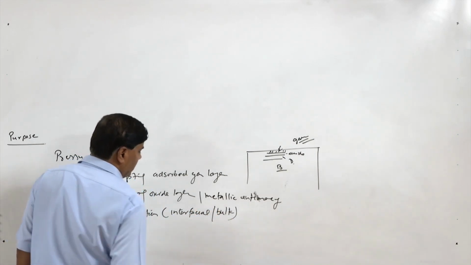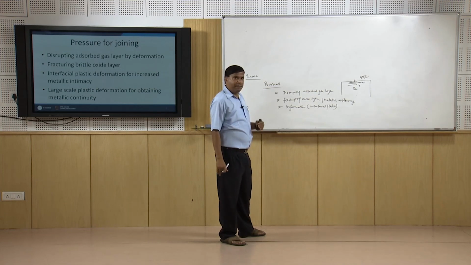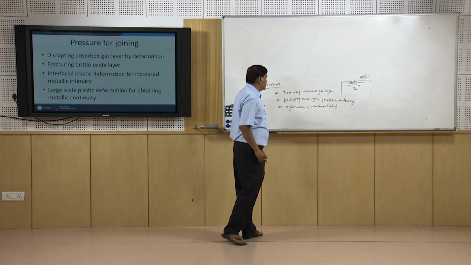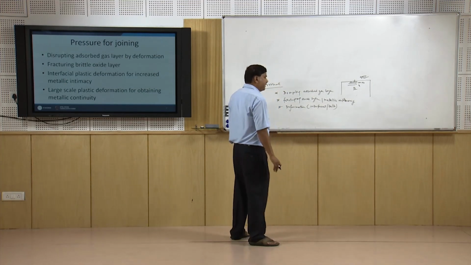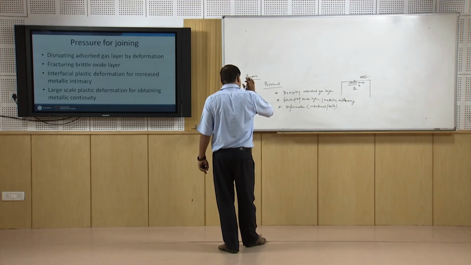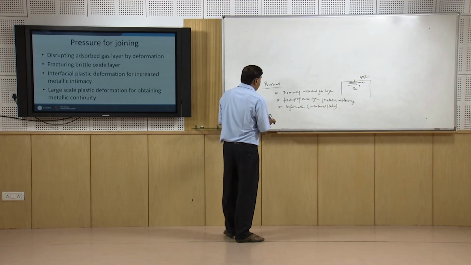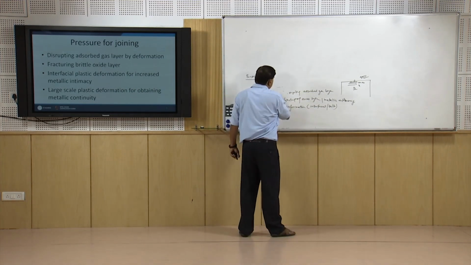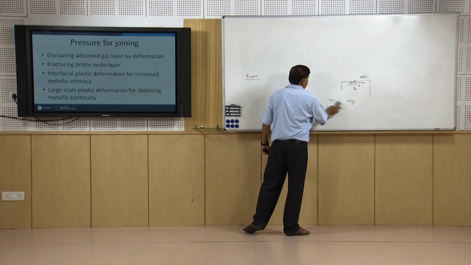Interfacial deformation, as I have said, is achieved in the ultrasonic welding process and the explosion welding process, and the bulk deformation is in friction welding, upset welding, etc. So, these are the three purposes which are achieved with the help of applying pressure, irrespective of the joining process in which it is used.